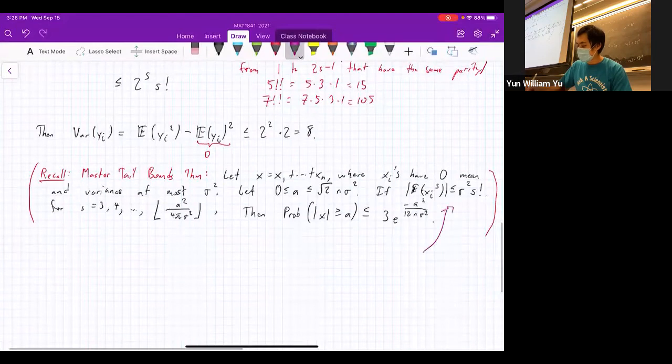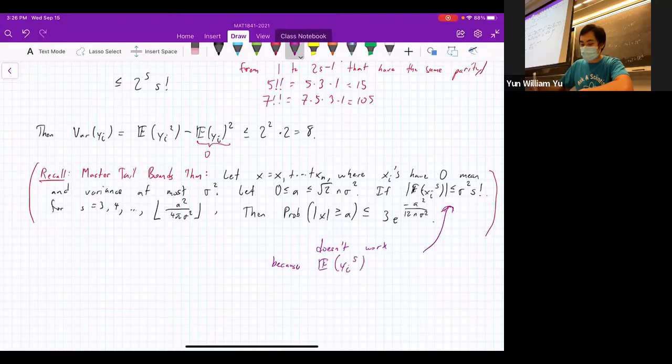It doesn't work because the s-th moment is less than or equal to 2 to the s times s factorial, but that is not less than or equal to 8 times s factorial for all s greater than 3. So this doesn't work.